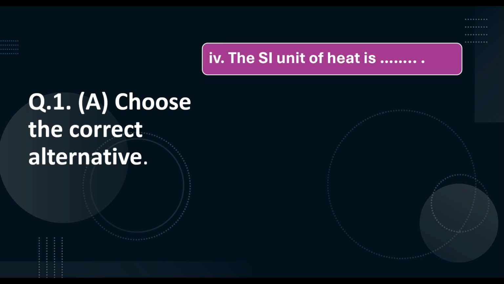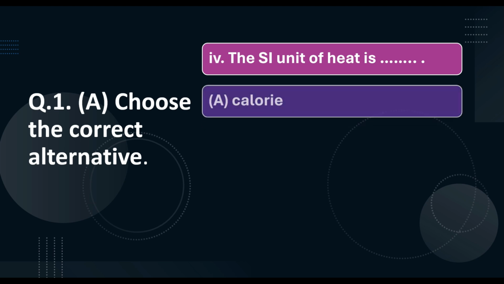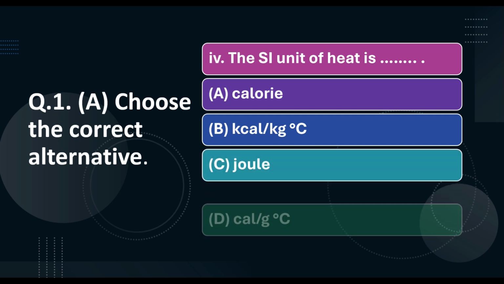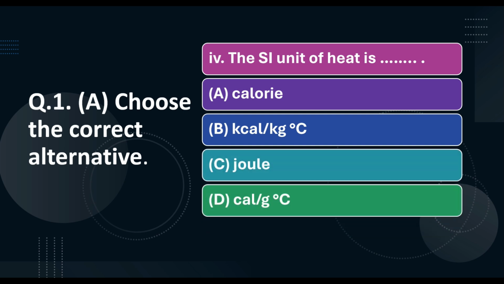The SI unit of heat is, there are two systems of units, one called MKS, the other called CGS. The options are calorie, kilocalorie per kilogram degree Celsius, joule, and calorie per gram degree Celsius.